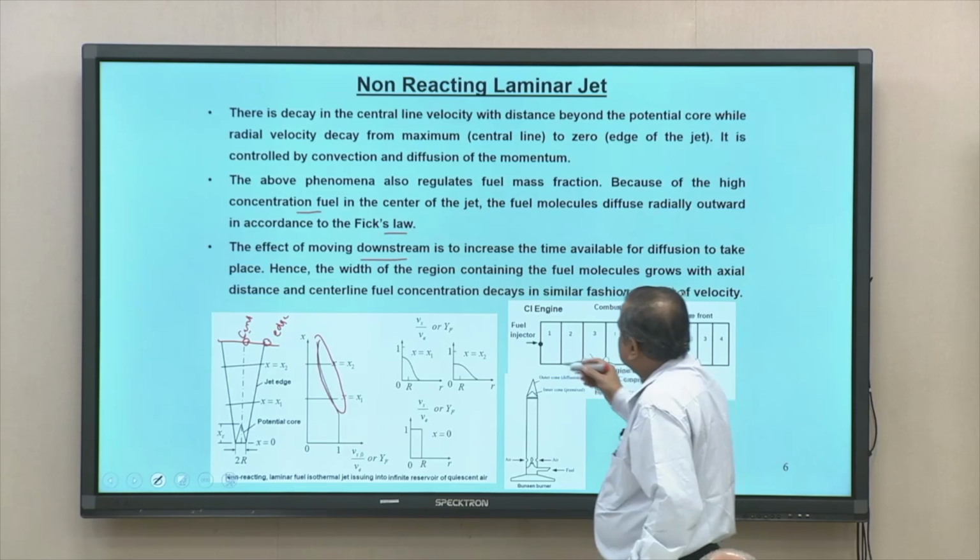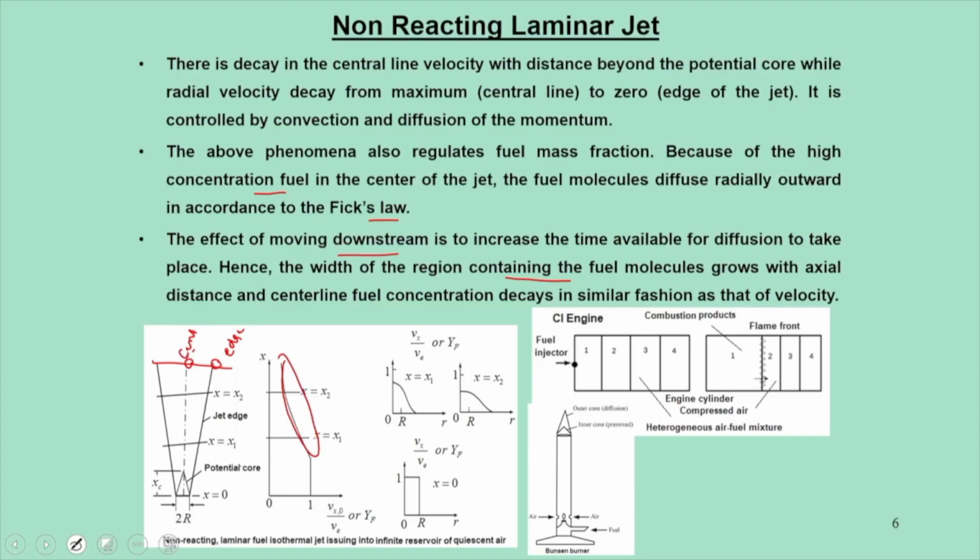So the width of the region containing the fuel molecules grows with axial distance, and the central line fuel concentration decays in a similar fashion to that of velocity. So basically the fuel and air concentration effects follow a similar pattern.